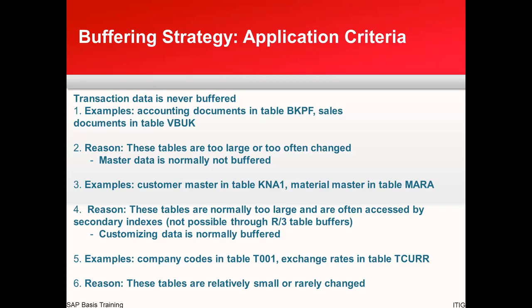Examples: customer master in table KNA1, material master in MARA. The reason is these tables are normally too large and are often accessed by secondary indexes. Okay, tables like T001, exchange rate table TCURR. The reason is these tables are relatively small or rarely used.